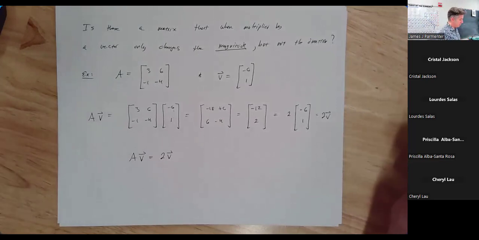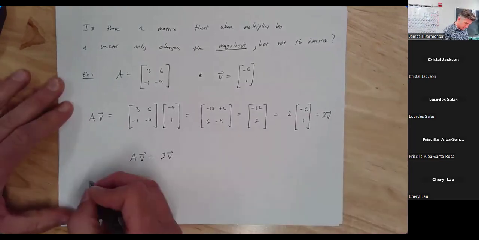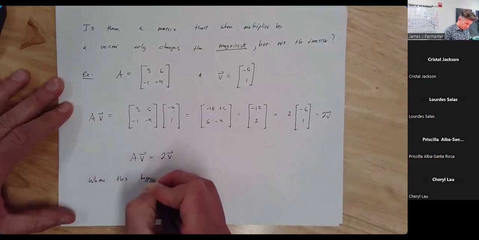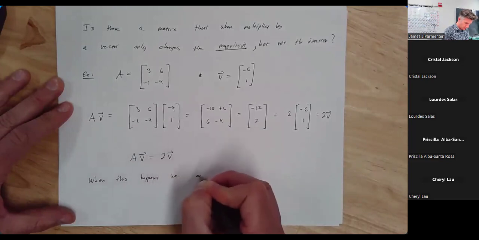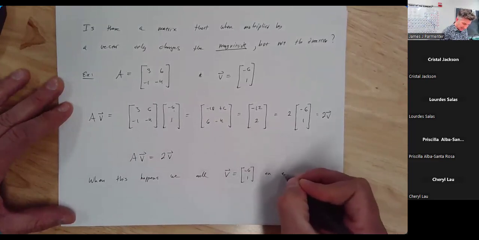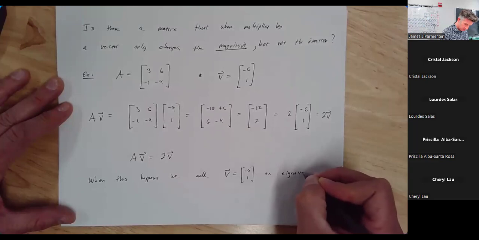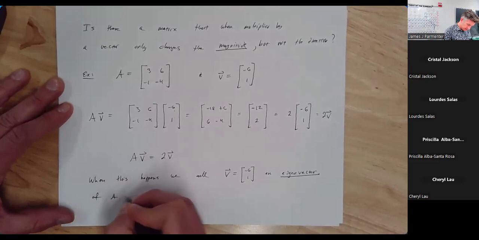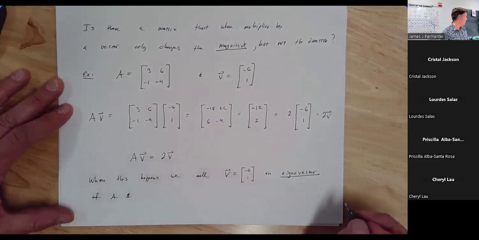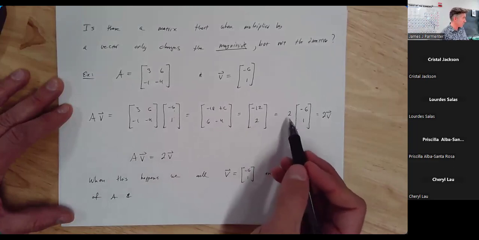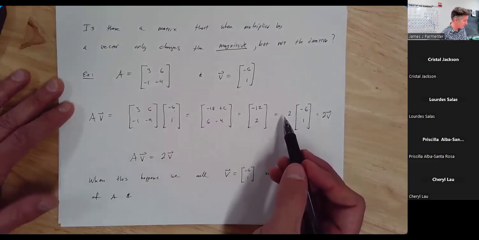And this is special. When this happens, we call V equal to -6, 1 in this case an eigenvector of the matrix A, and the number that it's multiplying it by, or the number that it's stretching its length by, is called the associated eigenvalue.